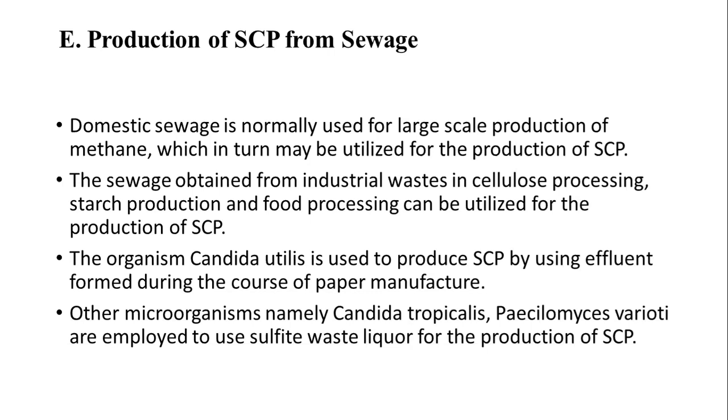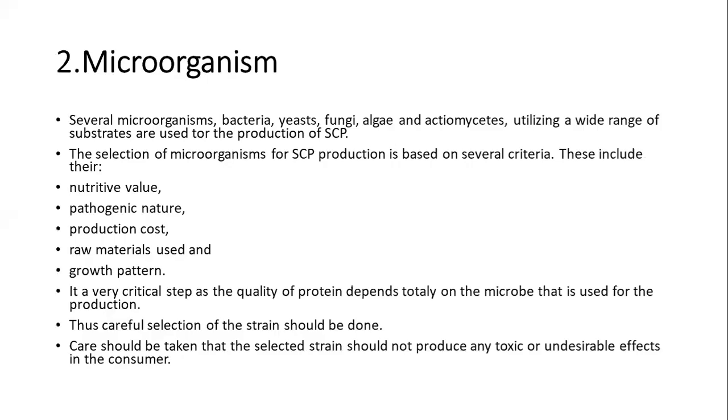Now, after the selection of raw material, the second step is the selection of microorganism. Microorganisms used for the production of SCP include bacteria, yeast, fungi, algae, and actinomycetes. Selection of a microorganism is made on the basis of nutritive value, pathogenic nature, cost, raw material, and pattern of growth.